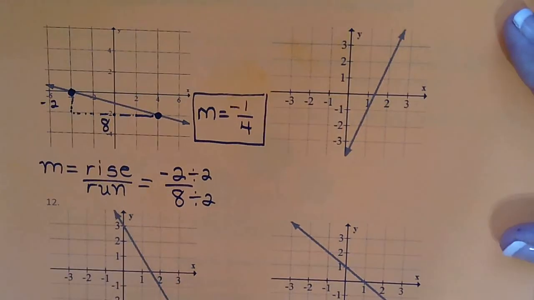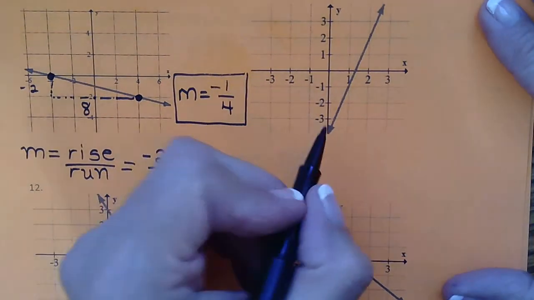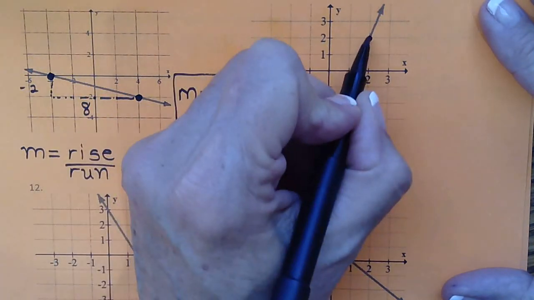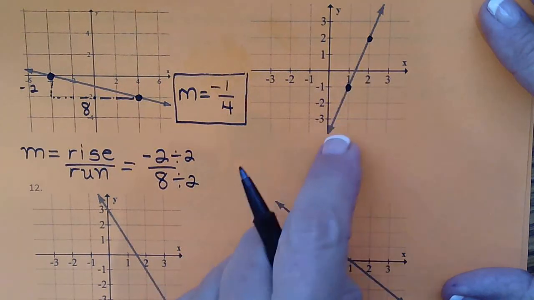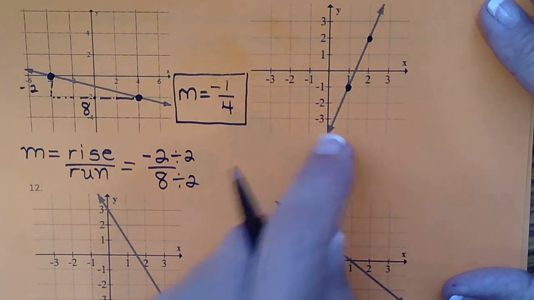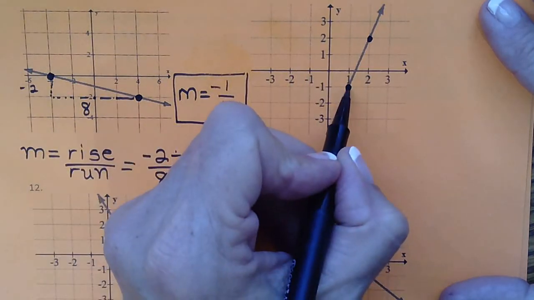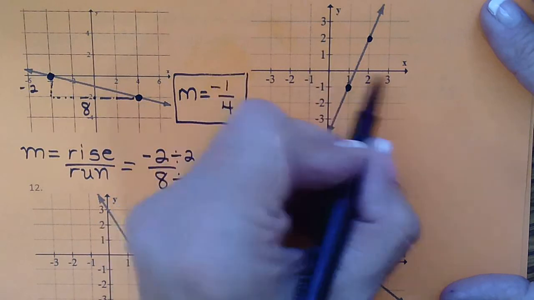Okay, so let's do the second one on number 11. So we need 2 exact crossing points. I see 2 right there. This isn't, this isn't, this isn't. That's not, but it looks like that one probably would be. So to go from left to right, and oh, look, we're back to ones now. 1, 2, 3, 1, 2, 3.